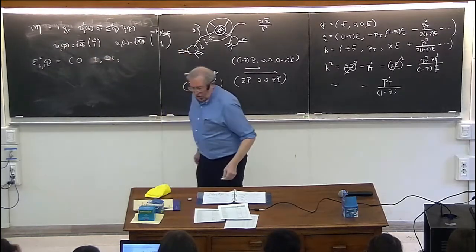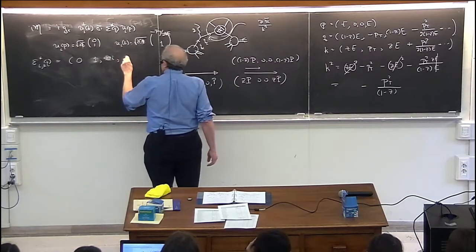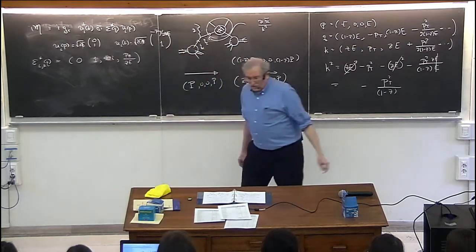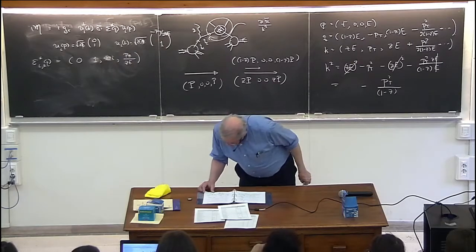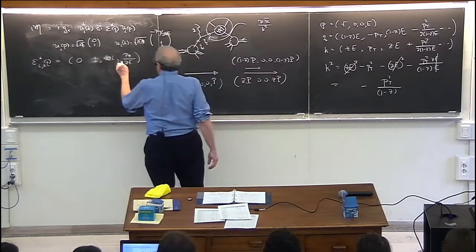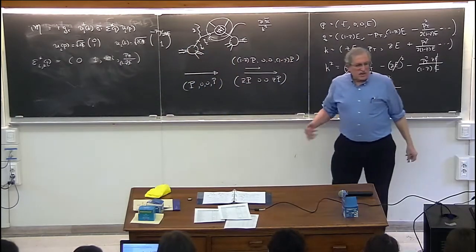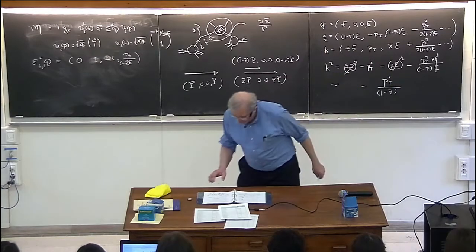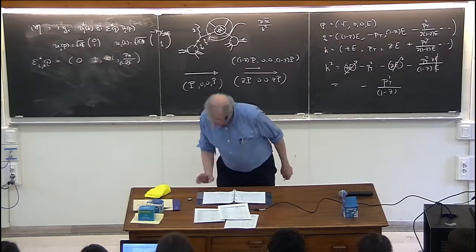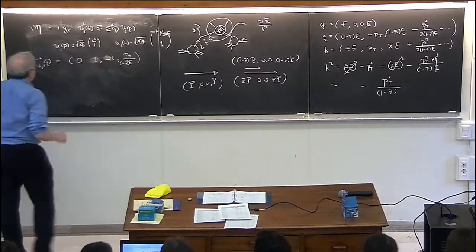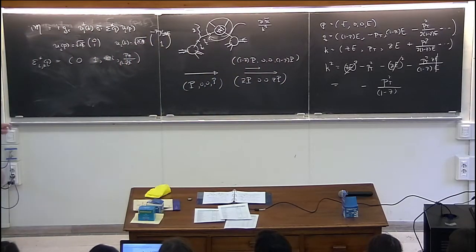And then over here, PT divided by ZE. So those are all the polarization objects to the appropriate order in PT that we have to work. Now we can just plug all these things in and start computing amplitudes.